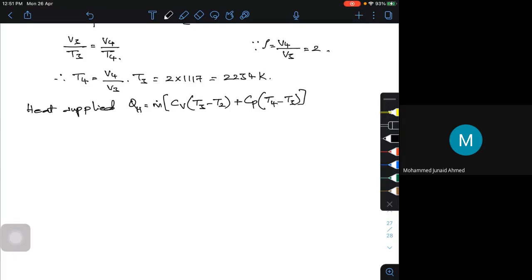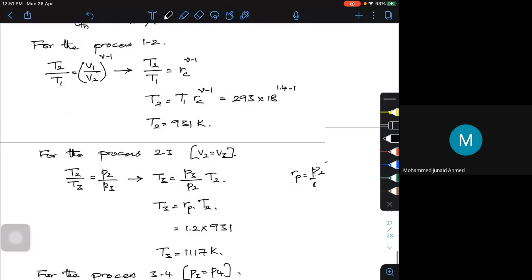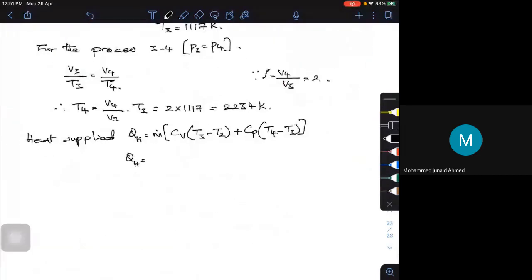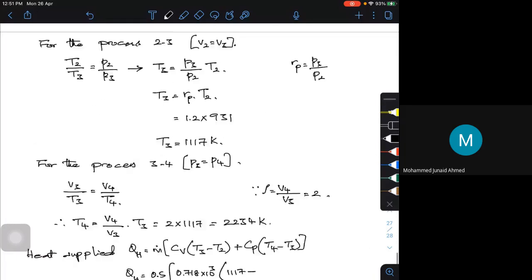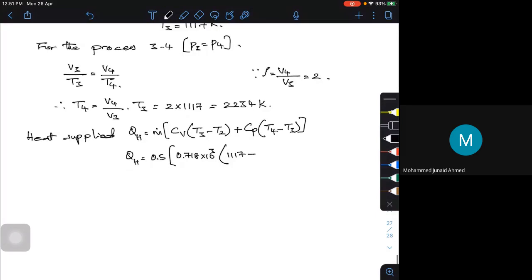Okay, now let me substitute everything. QH is equal to mass flow rate, they gave it as 0.5, into CV is 0.718 into 10 to the power of 3 into T3, which is 1117, minus T2, which is 931, plus CP is 1.005 into 10 to the power of 3 into T4, which is 2234, minus T3, which is 1117 Kelvin.